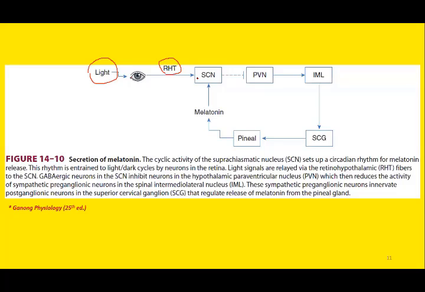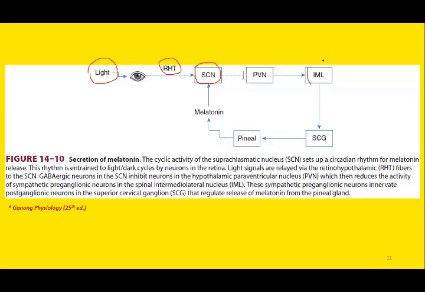Then these retinohypothalamic fibers will activate the suprachiasmatic area of the hypothalamus, and this will inhibit the paraventricular nucleus. Inhibition of the paraventricular nucleus will result in activation or excitation of the intermediolateral nucleus. Here you can see.